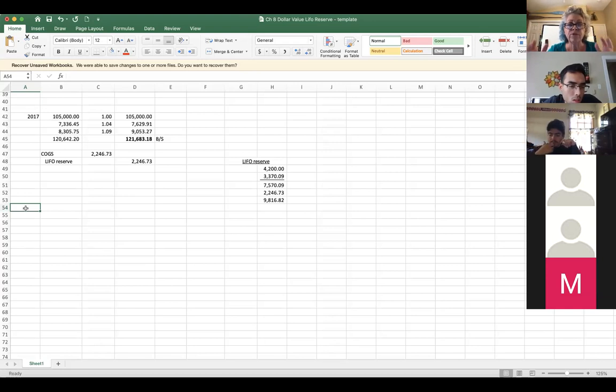Imagine if I'd been doing this for 30 years, how many layers I'm going to have. But doing it by price index, I can keep up with the layers, even if I have 30 layers in my ending inventory, much easier than keeping track of it at each purchase.